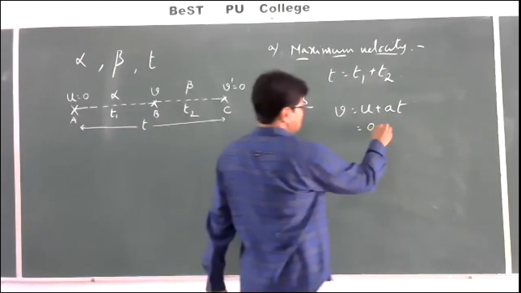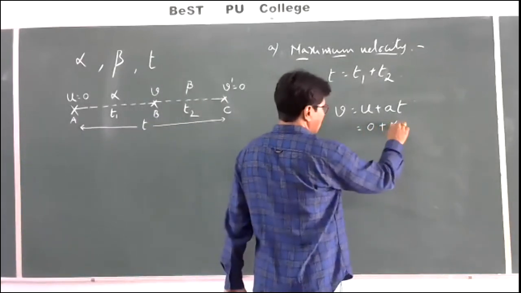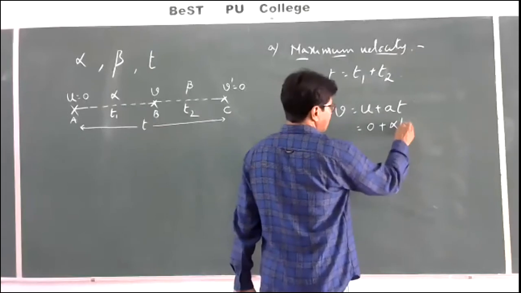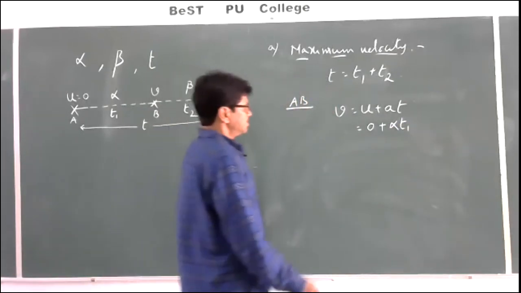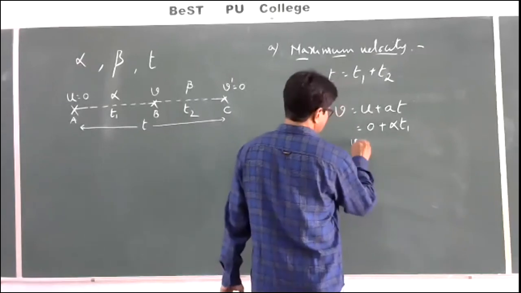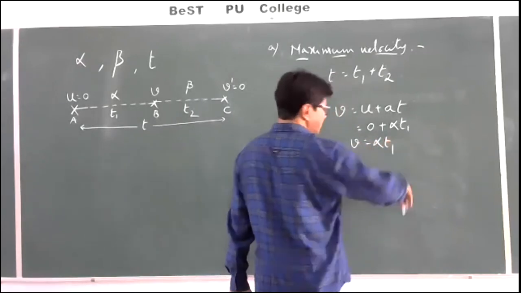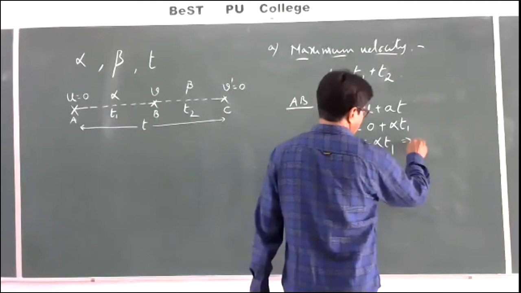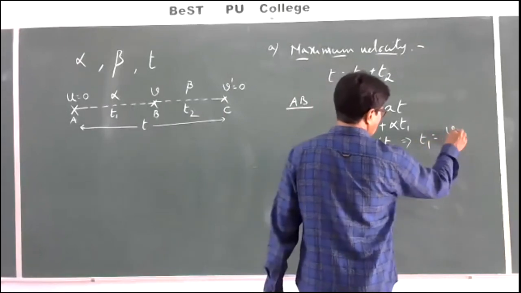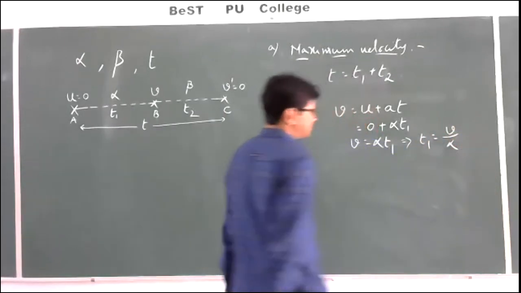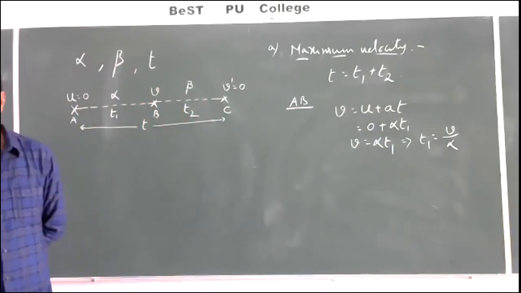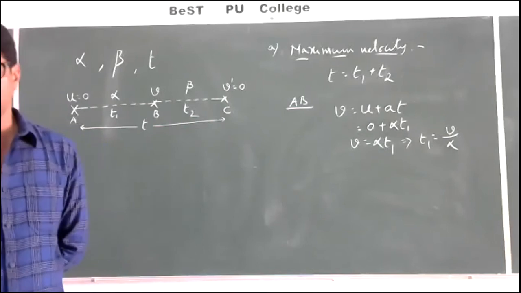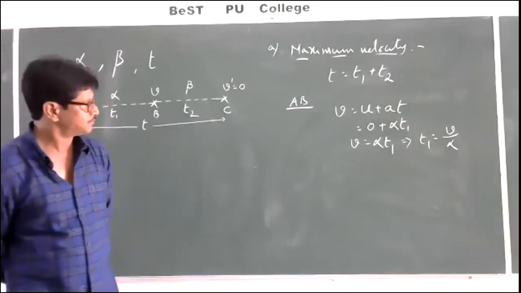So instead of A, I will go with alpha, and instead of T, I will go with T1. So V is equal to alpha T1. From here, T1 is equal to V by alpha.